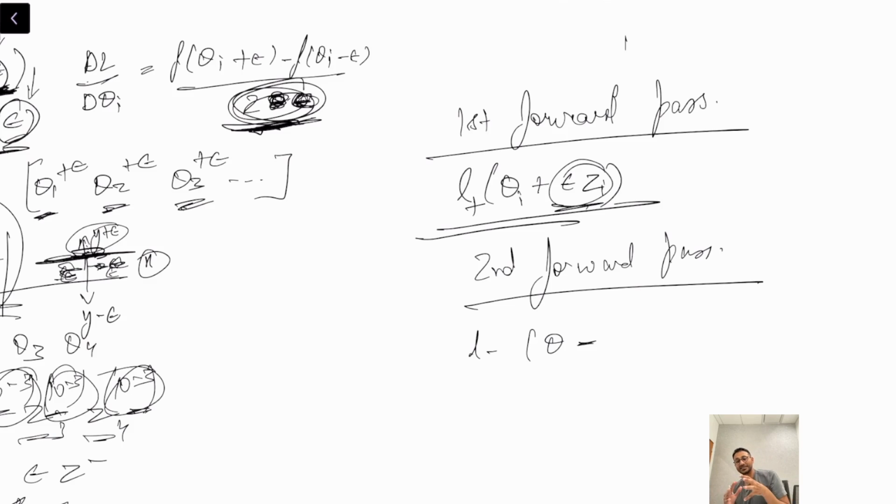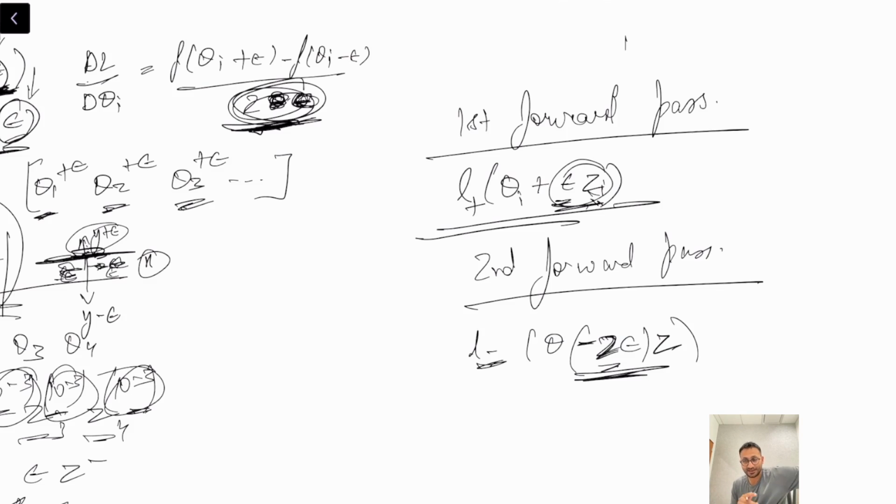Because z is obtained from a standard normal, it can be positive or negative. So to make sure that this L minus is always towards the left of my vector, I change this epsilon to -2 epsilon times z. So you multiply it by a factor of 2. So it's always on the left of this estimation, and then this is my L minus.